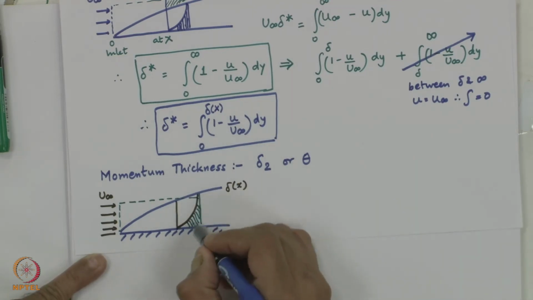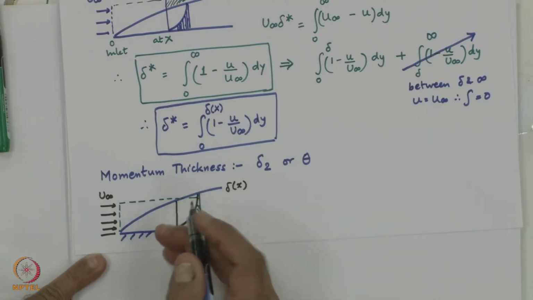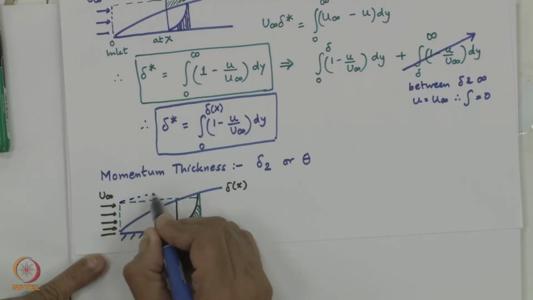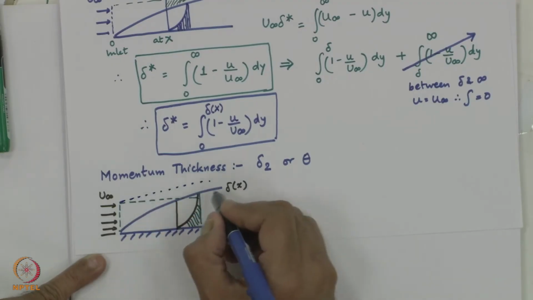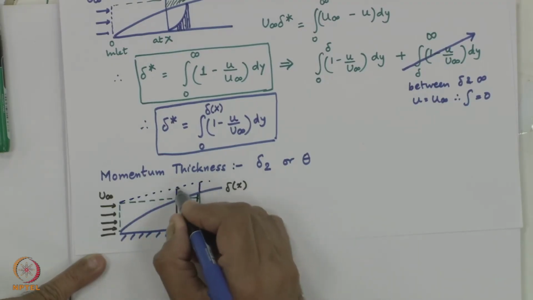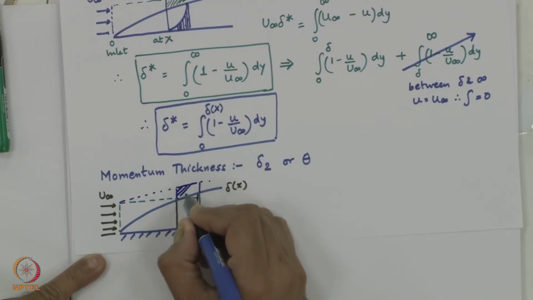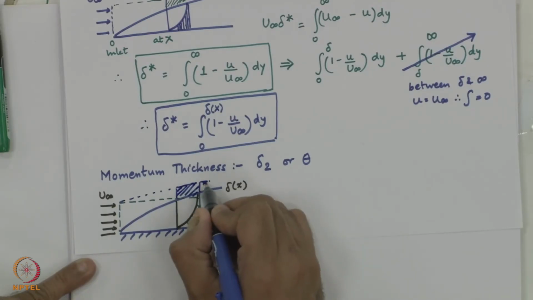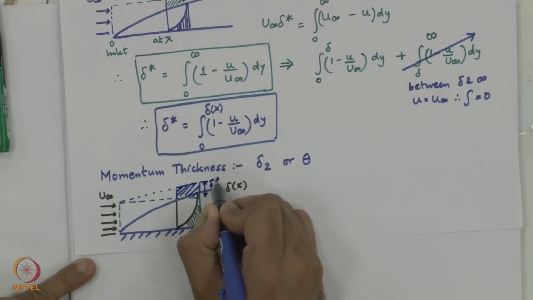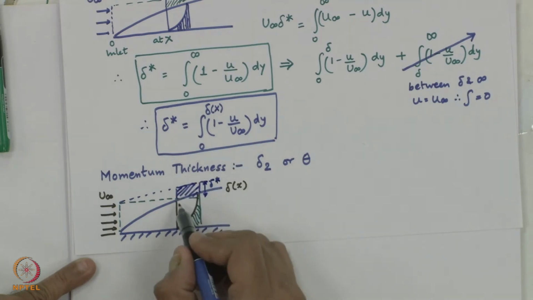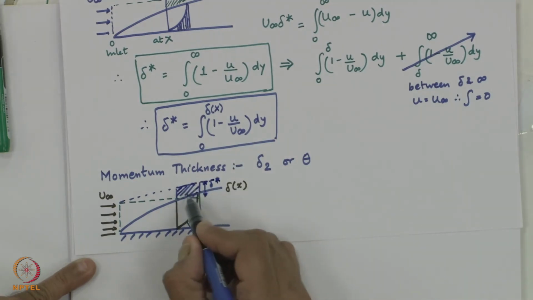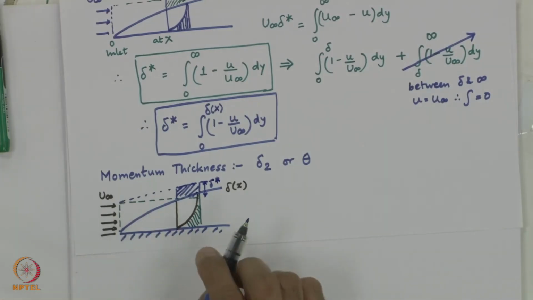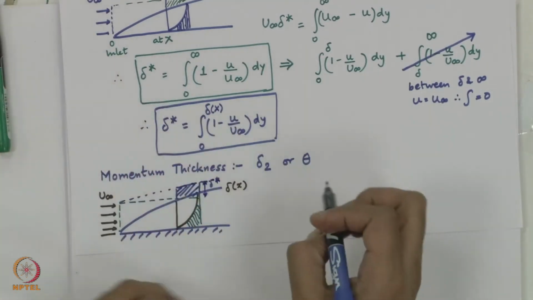So, I have a region which is deficient in velocity, and the streamline which is displaced is just going to be this. This is my displaced streamline, and it is as if I am talking of this additional mass which is required to carry away this momentum, such that the momentum inside the unshaded part and the purple shaded part is equal to the momentum that is brought in. Okay. So, we will go through this step by step.